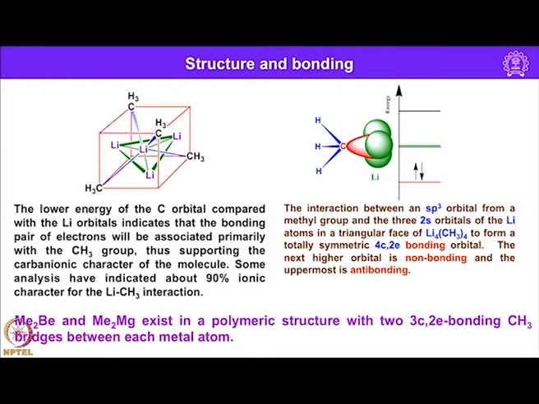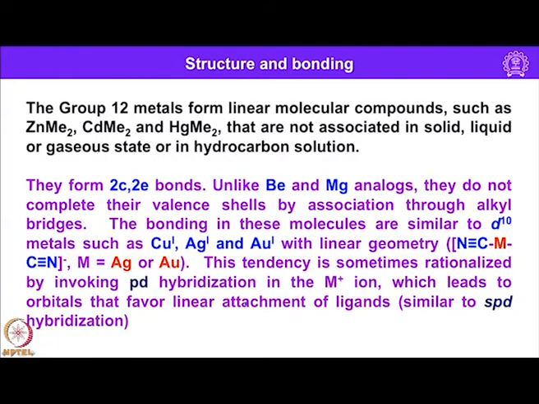Okay. Similarly, dimethyl beryllium and dimethyl magnesium exist in polymeric structure with the 3 centered 2 electron bonding. That means CH3 bridges between each metal atom, that already I showed you in my previous lecture. Okay. So the group 12 metals form linear molecular compounds such as dimethyl zinc, dimethyl cadmium and dimethyl mercury that are not associated in solid, liquid or gaseous state or in hydrocarbon solutions.